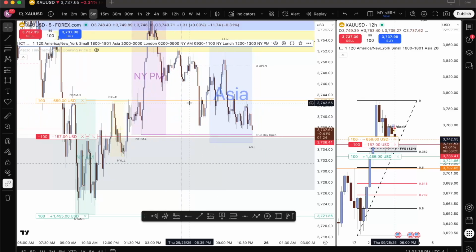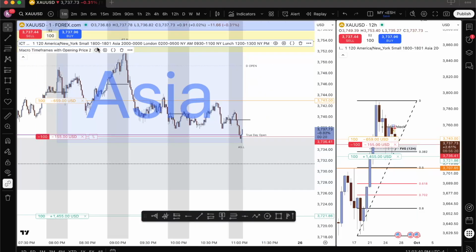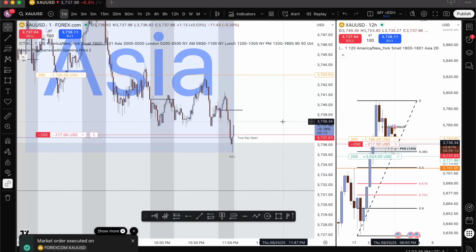Looks like we're sweeping liquidity. So I might be getting out of this one soon. We wanna see this fair value gap hold. I'm gonna take another one.